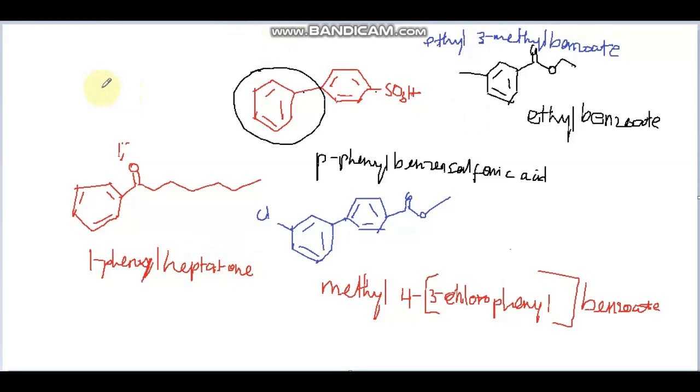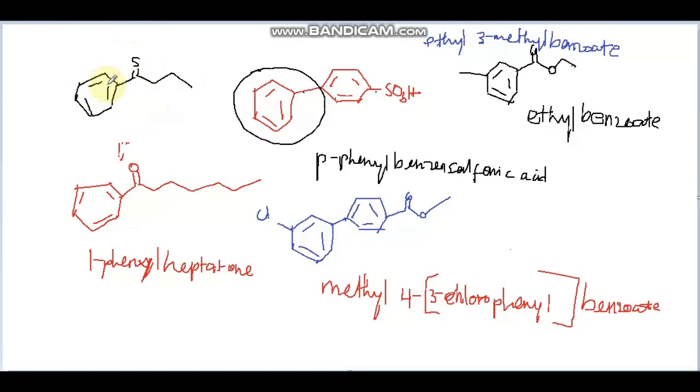Try this. So you have a benzene ring with a thione group. We have an S here, the sulfur, with, let's say, a butane. How is this going to be named? Pause the video and drop your answer in the comment section. So we have this.